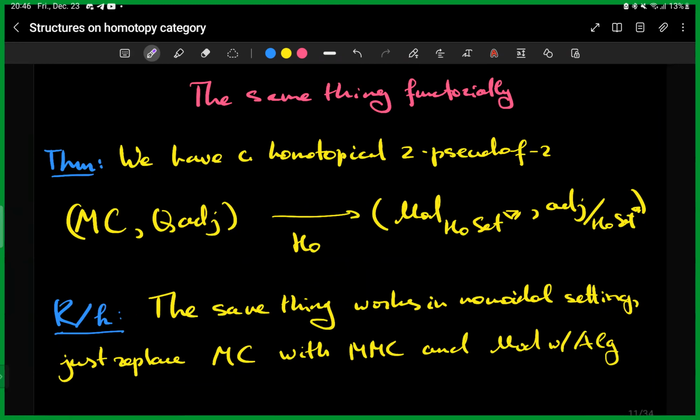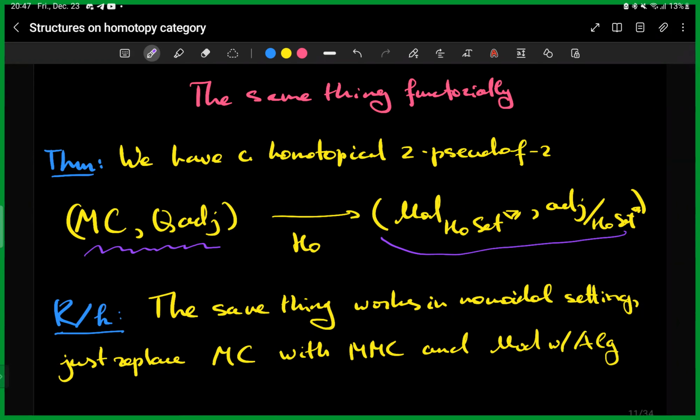That means that we have a two-category of model categories with morphisms given by Quillen adjunctions, and we have a homotopical pseudo two-functor from this two-category to the two-category given by modules over the homotopy category of spaces, with morphisms given by adjunctions which preserve this module structure.